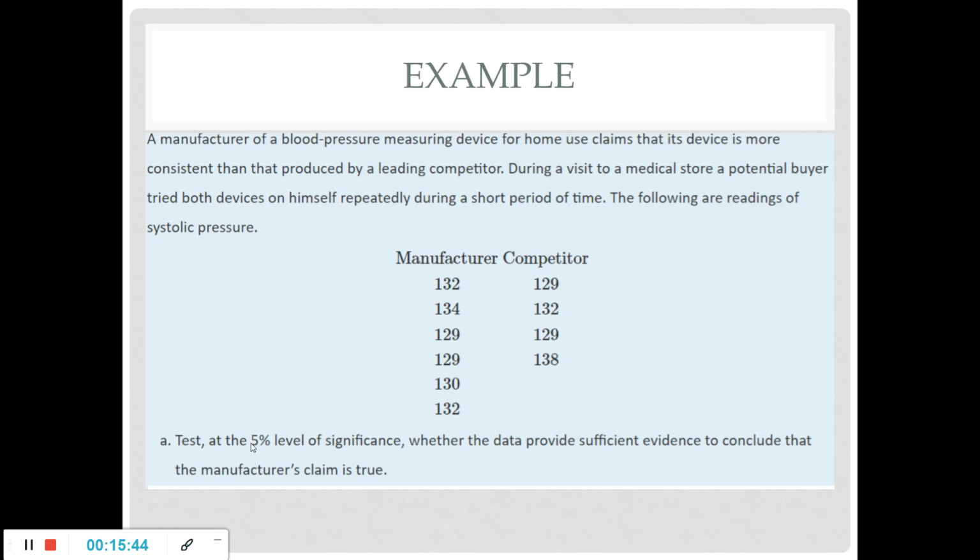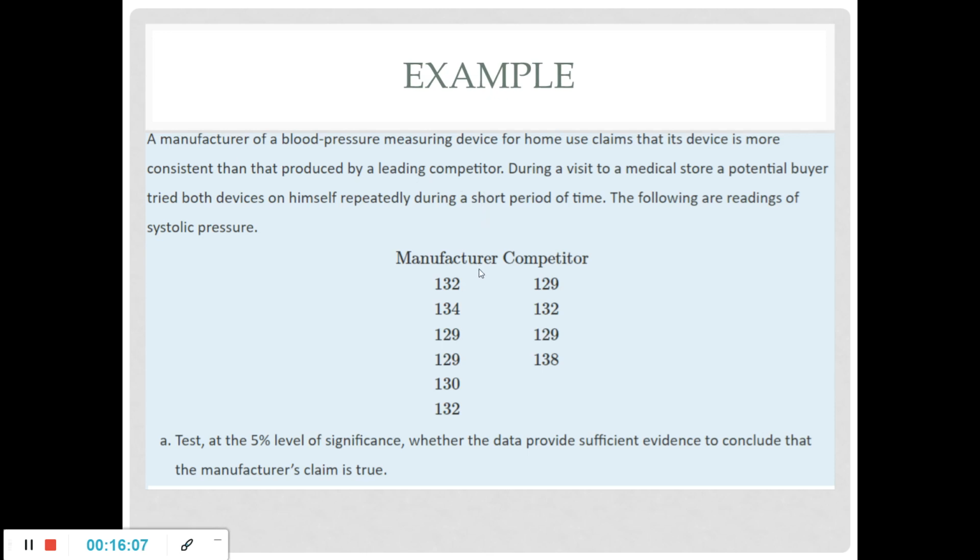So you need to test at 5% level of significance whether the data provides sufficient evidence to conclude that the manufacturer's claim is true. So what was the manufacturer's claim? The manufacturer says that the device that they produce is more consistent than that produced by a leading competitor.